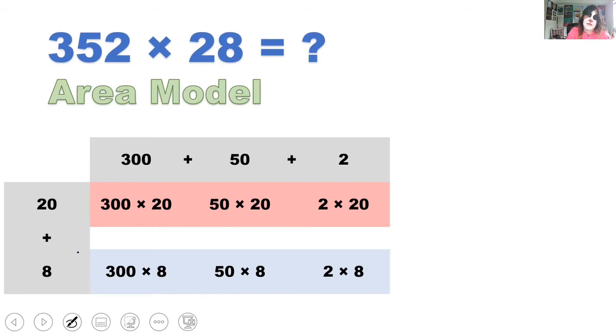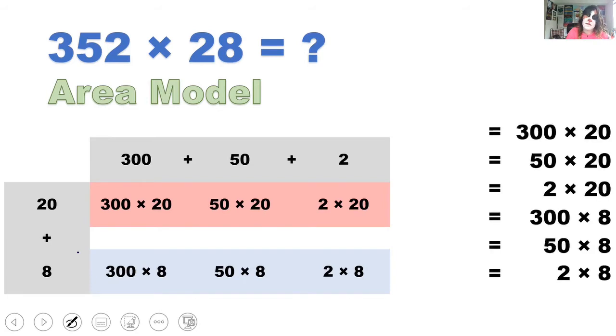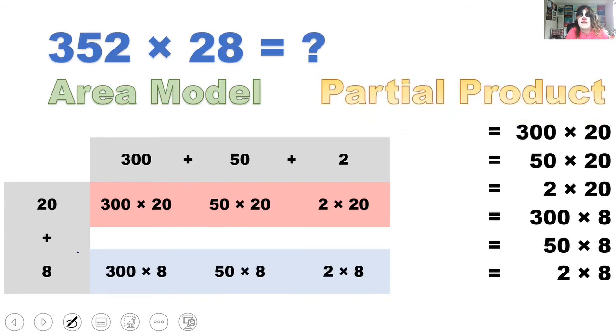Well, guess what? I did it here, and guess what this is? This is the partial product method right here. You just take the numbers and line them up just like an area model, and then you add them all up together. So let's do that right now.